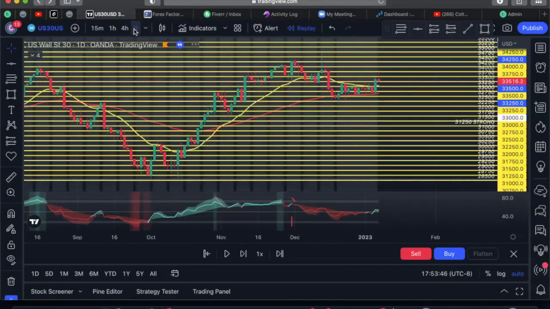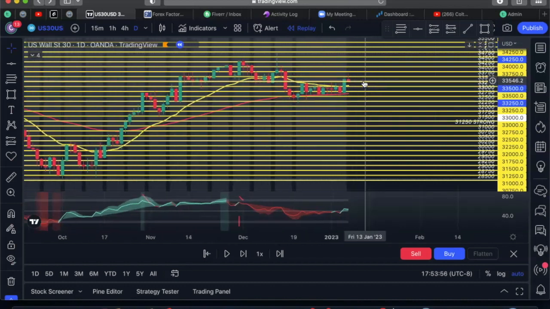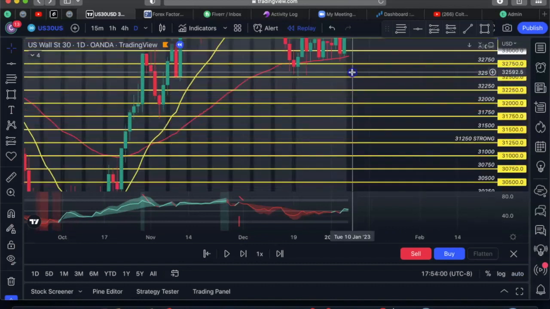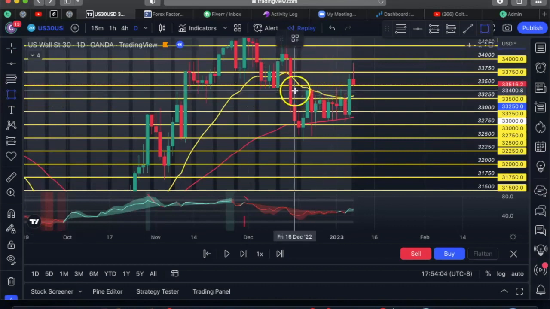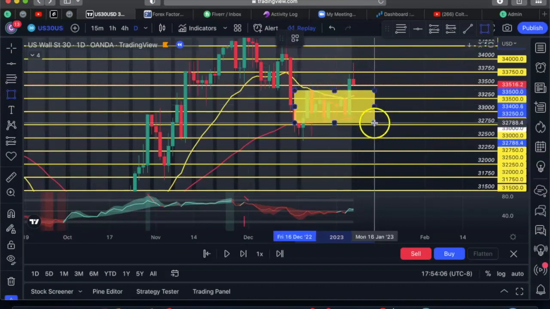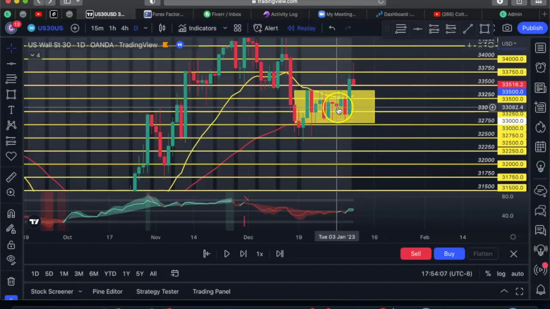Usually I'm going from the daily chart. Today when I pulled up to the markets, I saw the previous daily candle was bullish. We have been consolidating, and this is so important for you guys to look at. The whole previous week, notice how we are just consolidating throughout this zone. We couldn't see a break of structure.